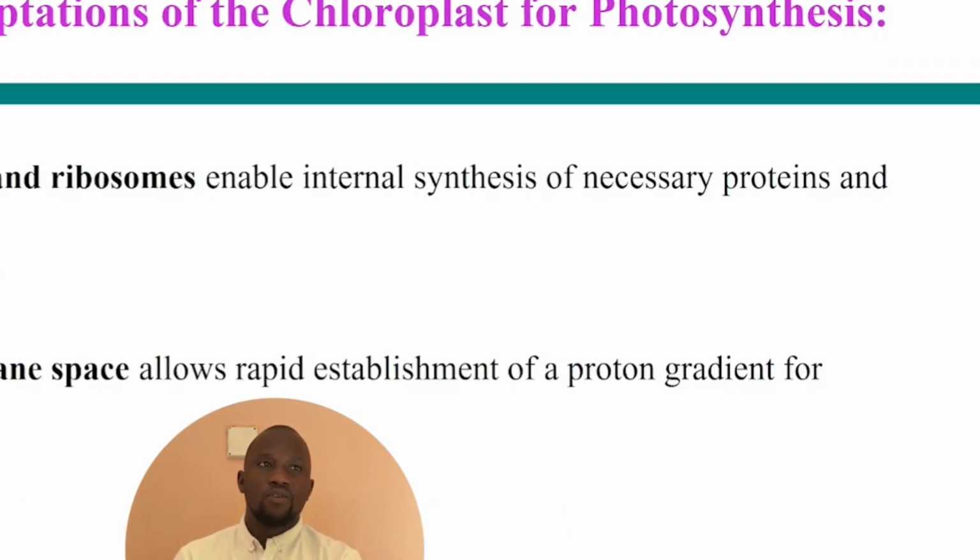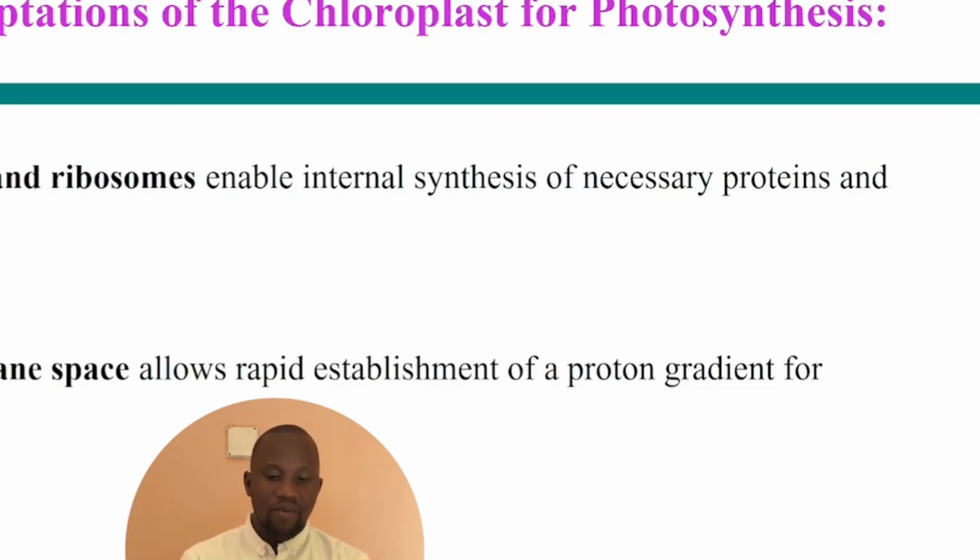The fact that the chloroplasts have their own DNA means that they can control their own affairs. That's what we mean by semi-autonomous. So they don't have to wait for the cell nucleus to direct what needs to be synthesized and what enzymes need to be made. Okay?